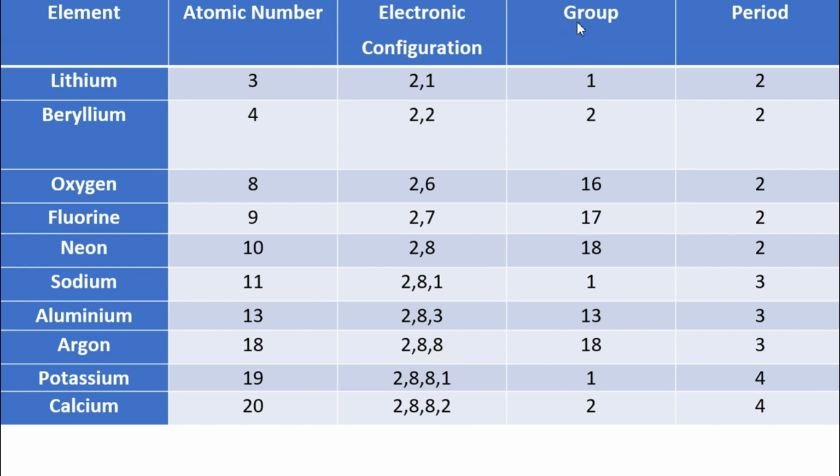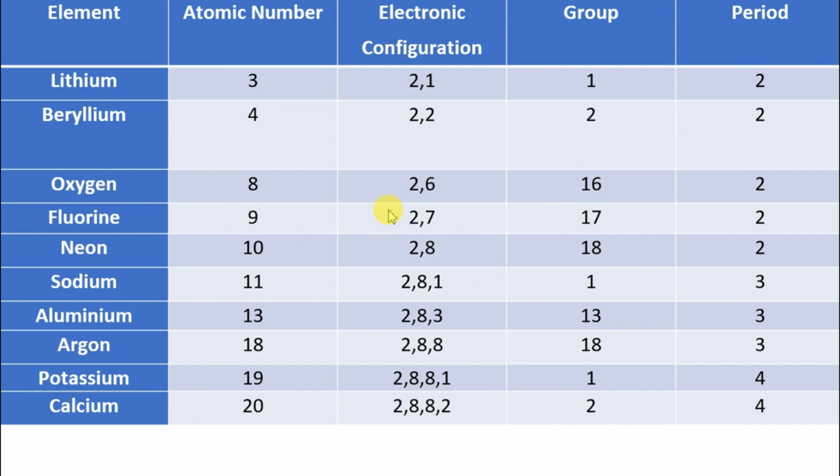The group an element belongs to is the same as the number of electrons in the outside shell, noting that elements with 6, 7, and 8 electrons in their outermost shell are actually placed in groups 16, 17, and 18. That's an international convention.